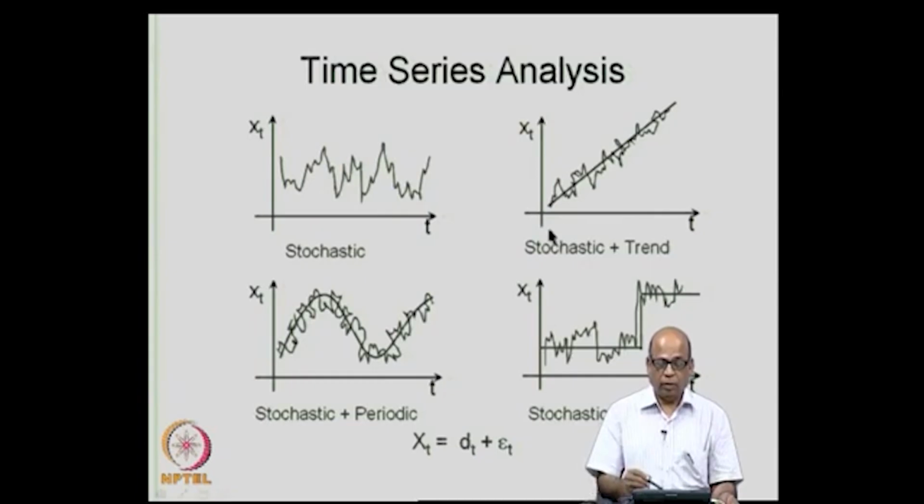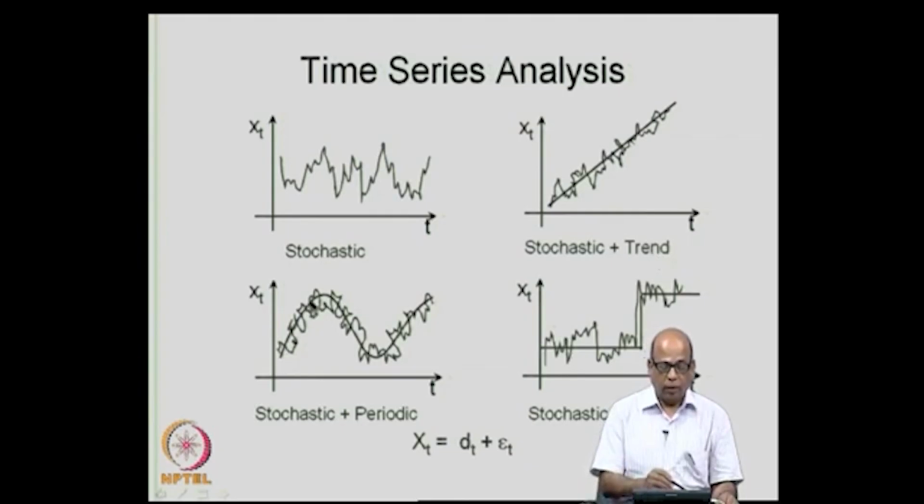On the other hand, you may have a deterministic component which is a trend, in this particular case an increasing trend. So, around an increasing trend the values are randomly fluctuating. If you look at the global average temperatures over the last, let us say, 50 years, that will have an increasing trend and the values are randomly fluctuating around that. So, you have the stochastic component as well as a deterministic component, which in this case is the trend.